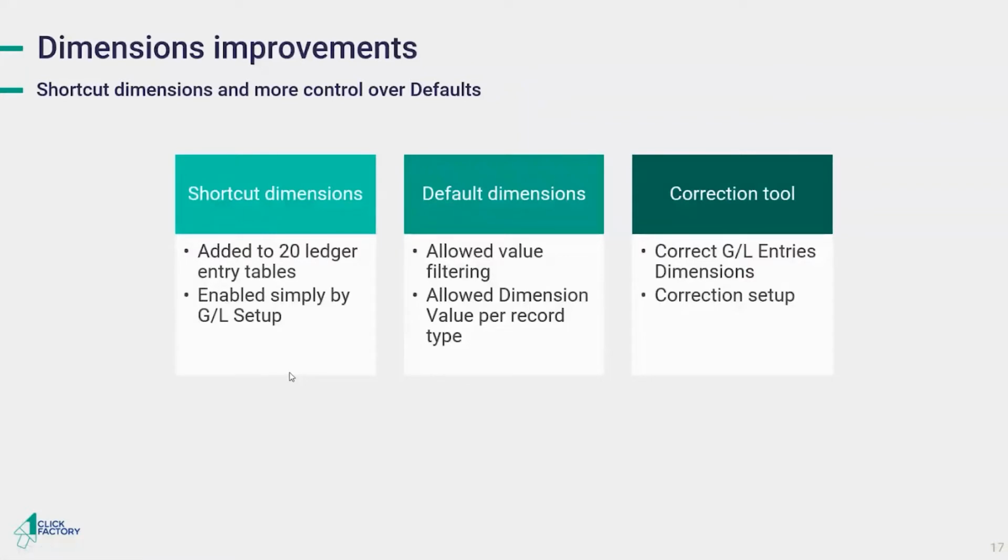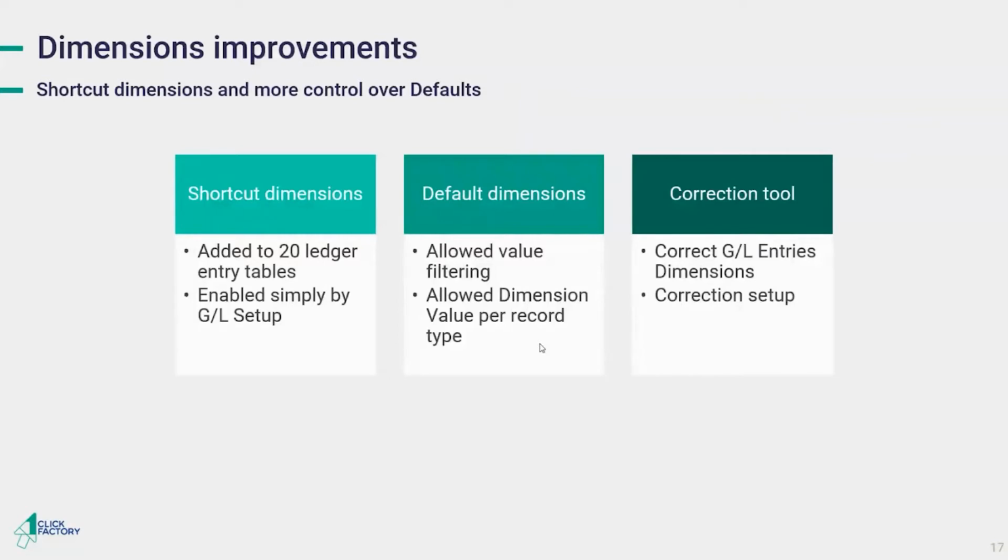Whenever you have set any of the shortcut dimensions, you can see them right out of the box in your entries when you post records with these dimensions. Some changes happened around allowed dimension value filtering, and it became much more universal. I will demo that.